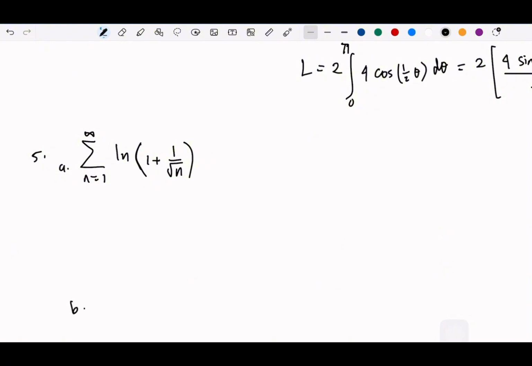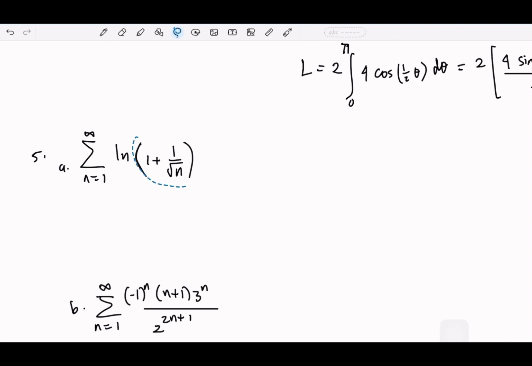And we have the second one. Okay. Now how to take the first one? Any idea? It is having the ln.